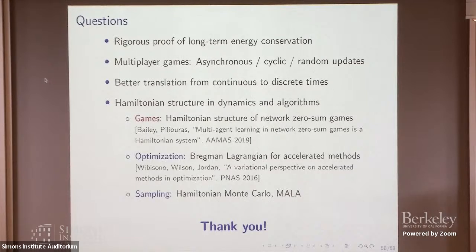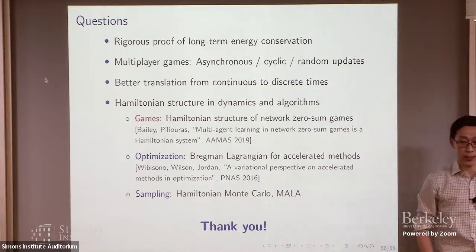In optimization, the Hamiltonian and Lagrangian structure also came up in accelerated methods in continuous time because we have a second order ODE, and there it's important that we use the Bregman version. And for sampling, it comes up in Hamiltonian Monte Carlo, and so on.